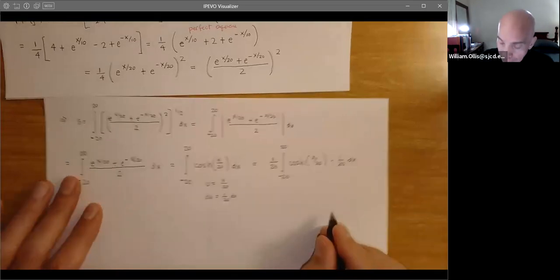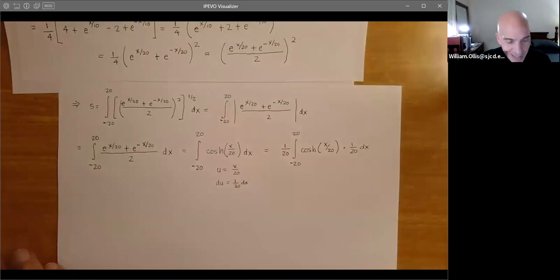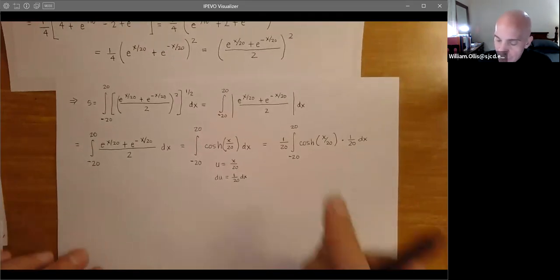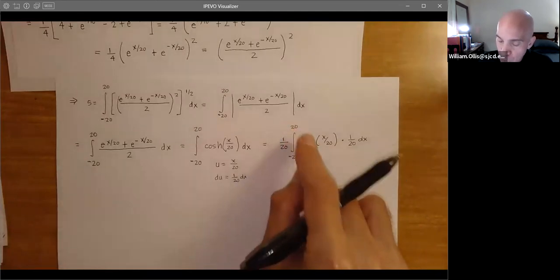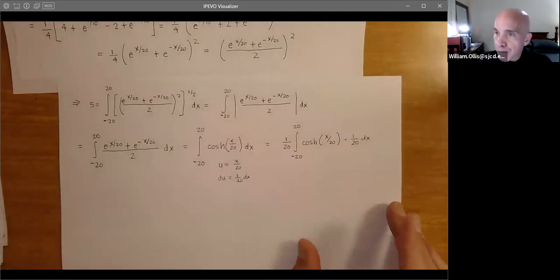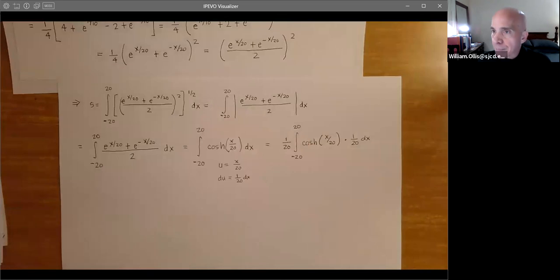This is table ready. Now, this is where you say, well, Professor Ron, are you just going to write it out as it is? And I will. This is an even function, so we could just integrate from 0 to 20, and then do it that way.